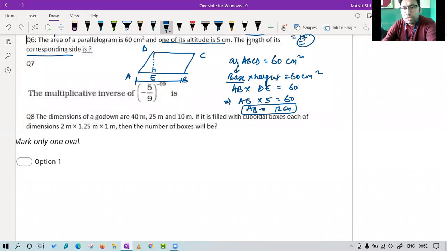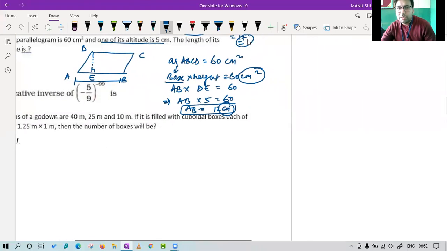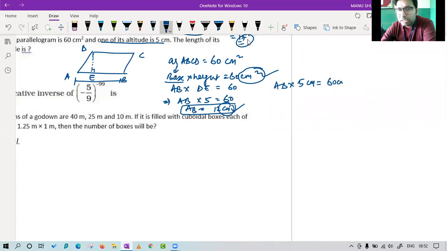If you want to see in terms of units how from centimeter square we reached centimeter, you can check that also, because centimeter square is a unit of area and centimeter is the unit of a side. We had AB into 5 centimeter is equal to 60 centimeter square. So AB becomes 60 centimeter square upon 5 centimeter.